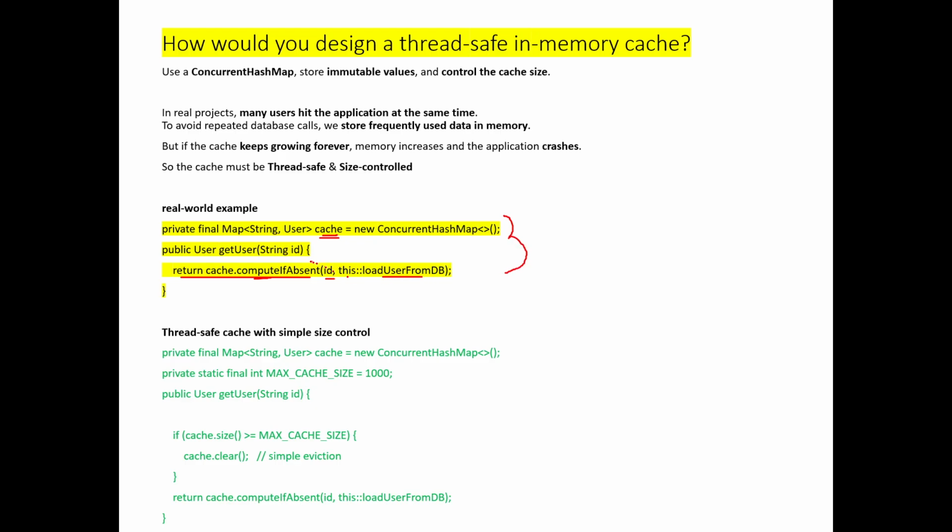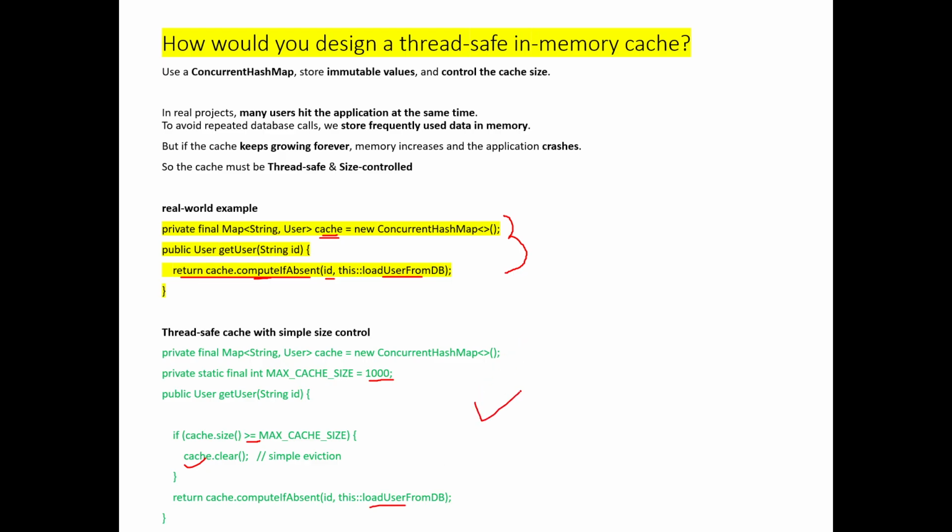So whenever you create this cache, you need to handle it properly. What you need to do is define some size. Here I defined the cache size as 1000. If the cache size reaches 1000 or more than 1000, then we are clearing it. So this way you write, and whenever the cache size is more, it will be cleared and the new data will be loaded. In this way we can manage.